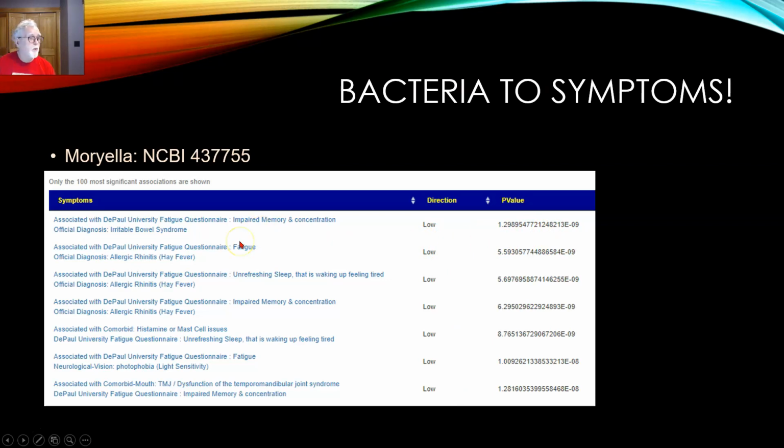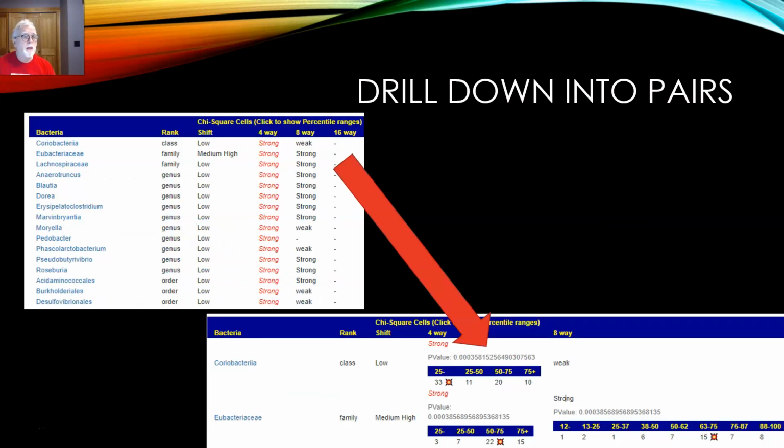Now, if you do one step further and you go and click on the label here, it will take you over to a page where we'll give you the breakdown of what bacteria, the rank that is. Are we talking street level, county level, state level, and what type of relationship it is.